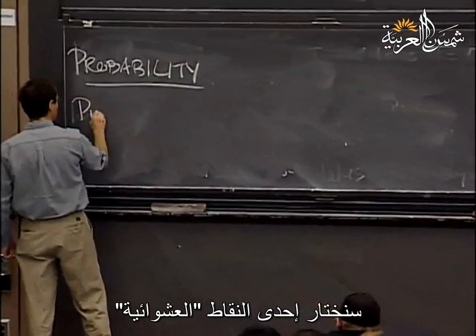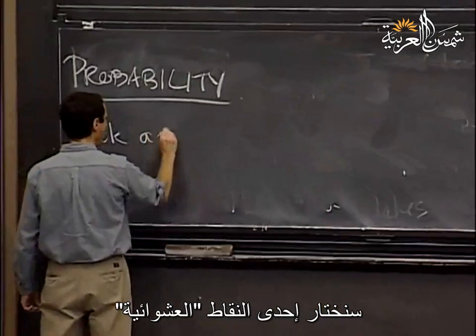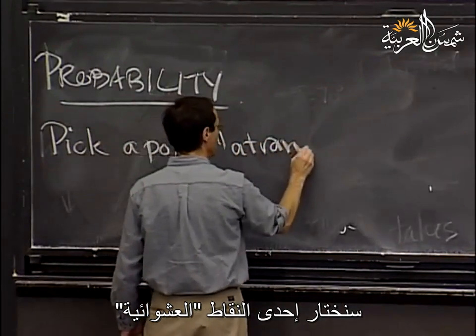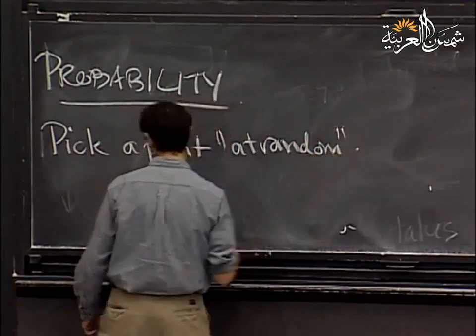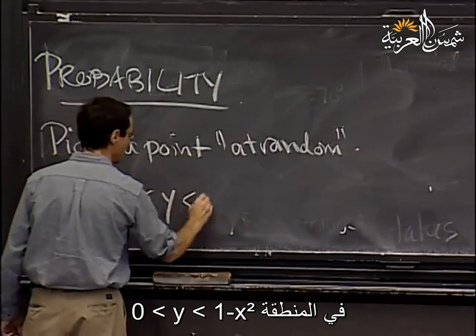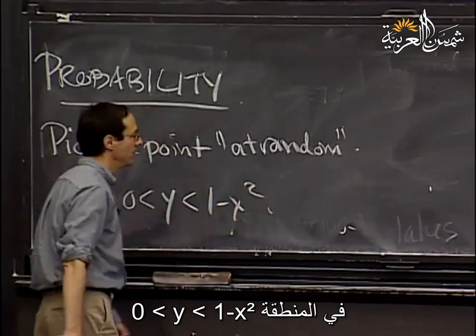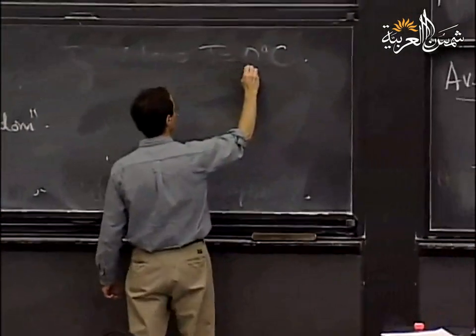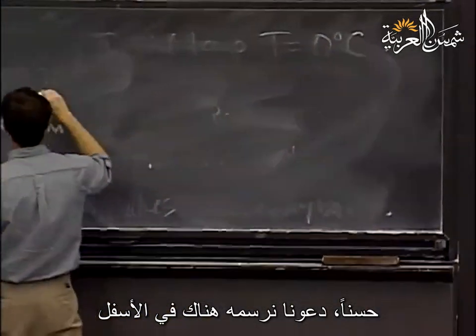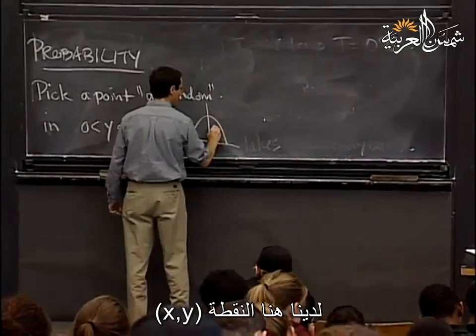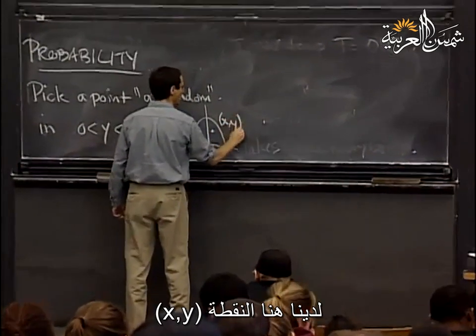I'm going to pick a point, in quotation marks, at random in the region y less than x less than 1 minus x squared. That's this shape here. Well, let's draw it up here. Let's draw it right down here for now. So somewhere in here, some point x comma y.